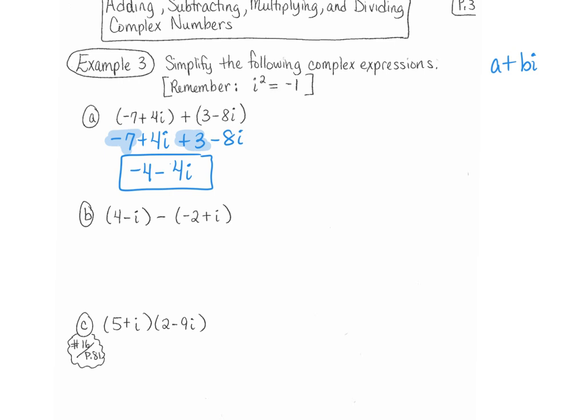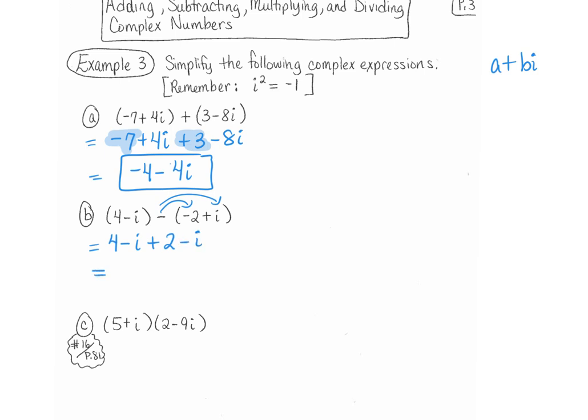Part B. What is our operation? Subtracting. Good. So can we just drop the parentheses? What do we have to do first? Distribute. Very good. So this becomes 4 minus i. Distribute the negative. Very good.